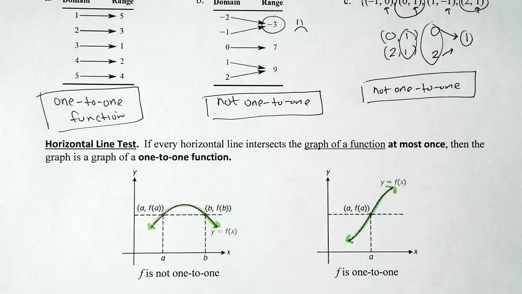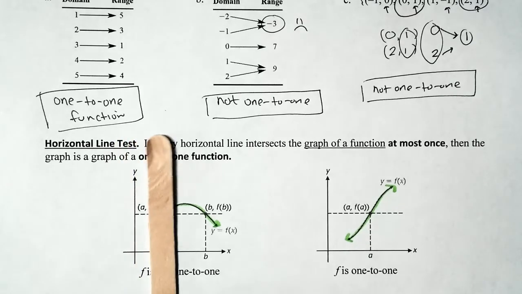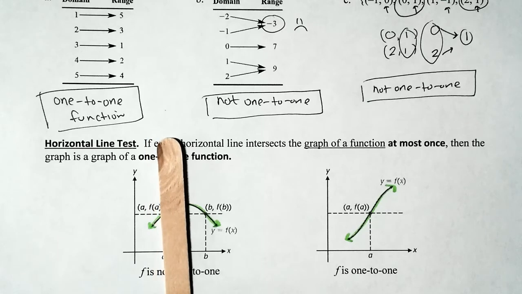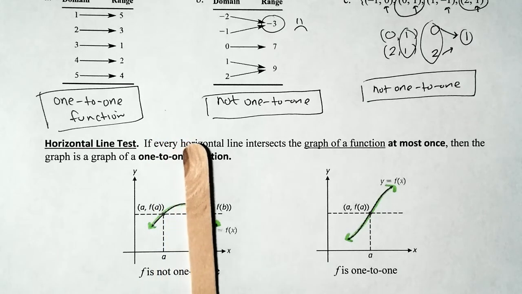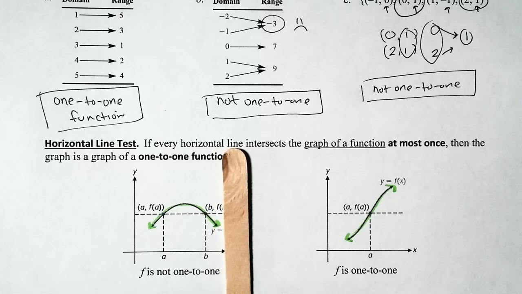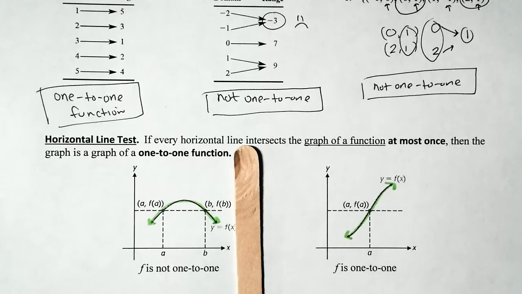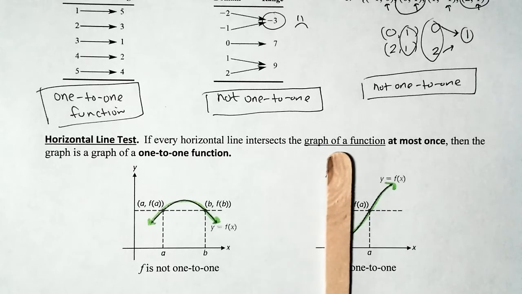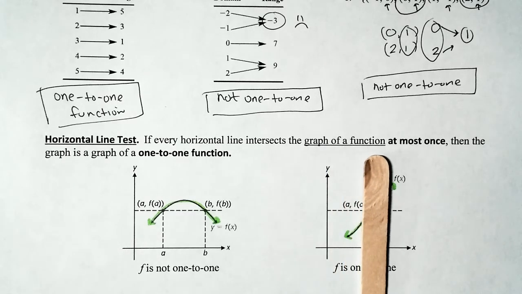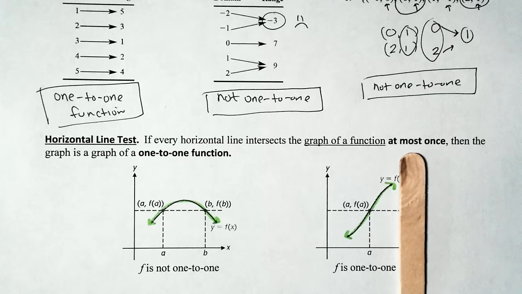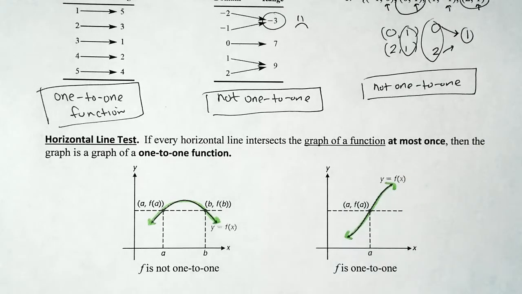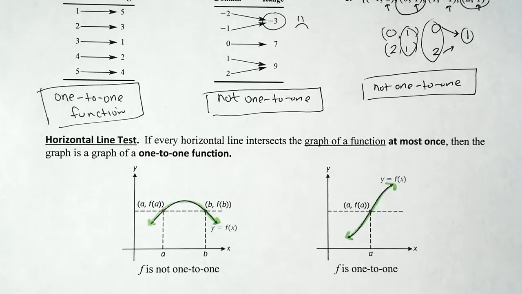If we take a vertical line and slide it across and make sure it doesn't touch the graph in more than one place at any given time, then this is the graph of a function. So the graph on the left is a function, but that's not our question for this section. On the graph on the right, the vertical line touches the graph in no more than one place at any given time, so it's a function. But we're done with that, so let's go on to the next unit.